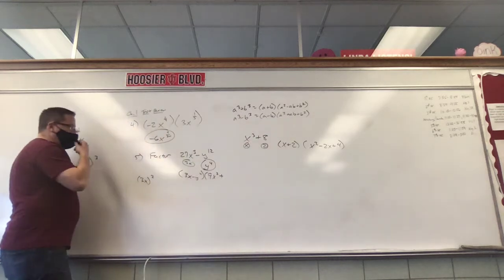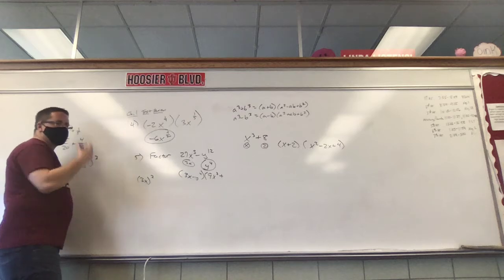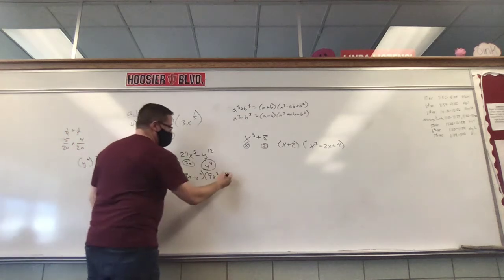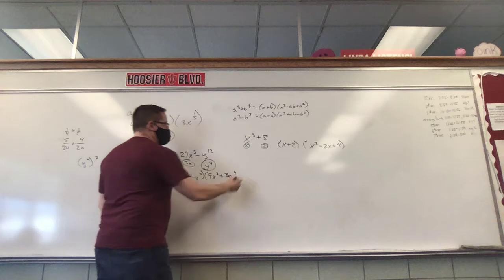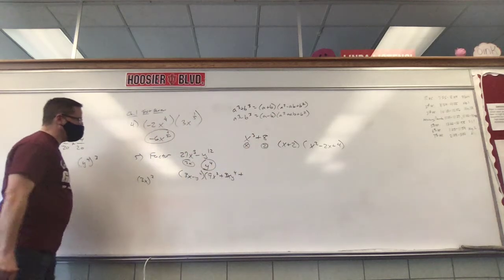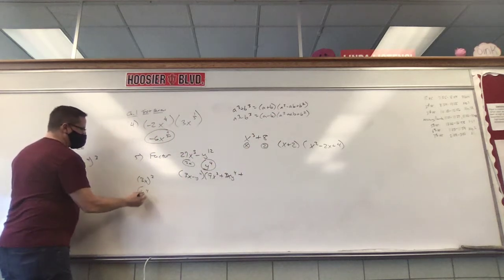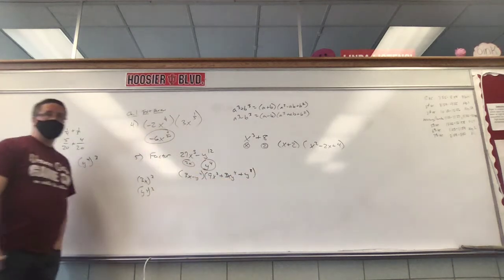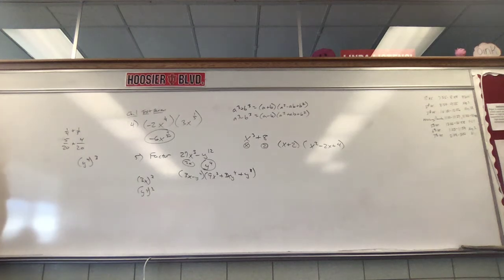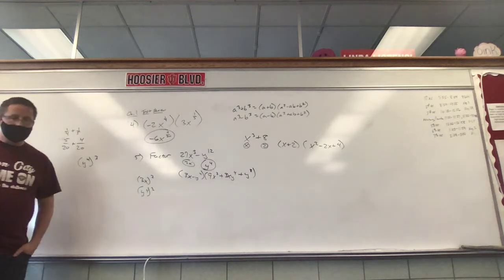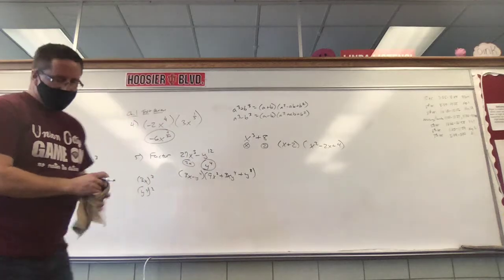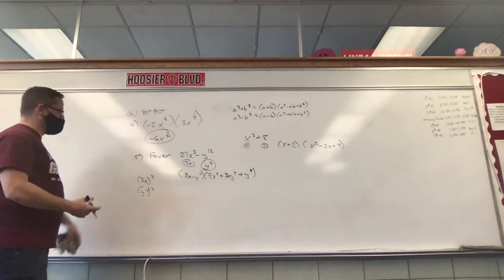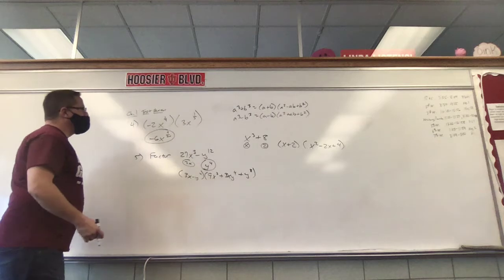A times B, so 3x times y to the 4th, is 3x y to the 4th. Plus B squared, so y to the 4th squared, which is y to the 8th. Now what do you do? Nothing, you go on. Does that make sense? You're literally finding out what's being cubed, they're both going to be cubes, and I'm going to give you those formulas, you just have to plug them in. Okay, next one. And that doesn't factor any further.